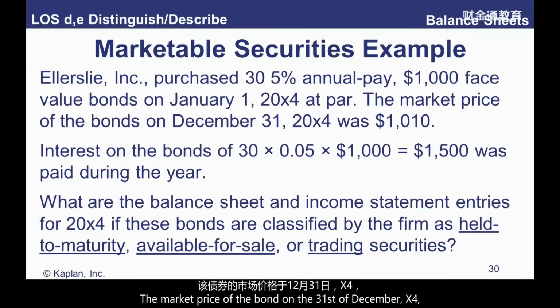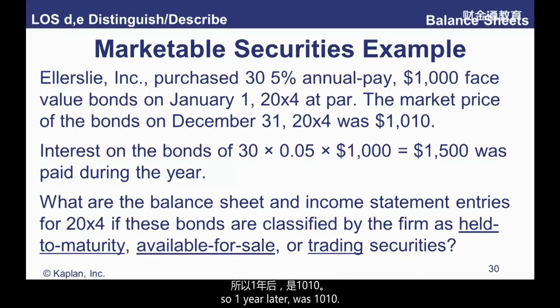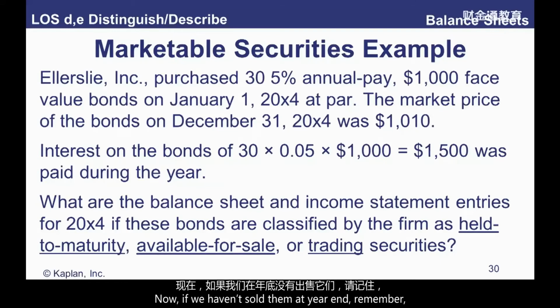The market price of the bonds on the 31st of December X4, so 1 year later, was 1,010. So each bond has got a $10 gain, if you like. Now, if we haven't sold them at year end, remember that means that $10 gain will be an unrealized gain.